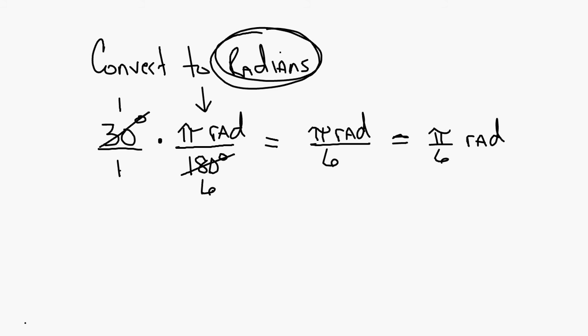So if you got 75 degrees to radians, that means that radians go on top. So pi radians over 180 degrees. 75 doesn't go into 180, does it?